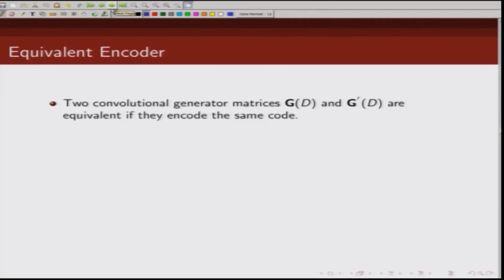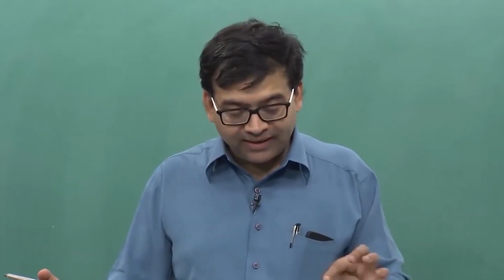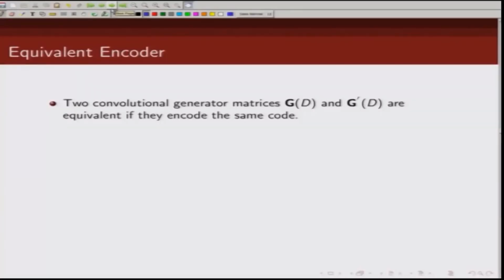Now, that brings us to our next topic of discussion, which is the concept of equivalent encoders. So, before we define what an equivalent encoder is, we will define what we mean by an equivalent generator matrix. Two convolutional generator matrices, let us call them G(D) and G'(D), are equivalent if they encode the same code. Now, what do we mean by encode the same code?